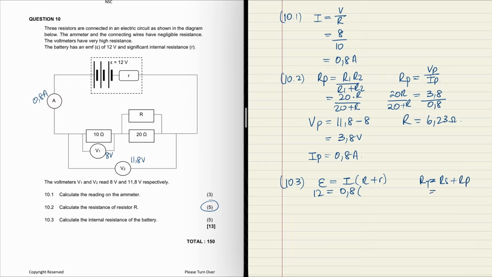So the resistance in series is 10 and the resistance in parallel is 4.75. So our total is 14.75. So 14.75 plus r means r is going to equal 0.25 ohms. And that's the whole paper.